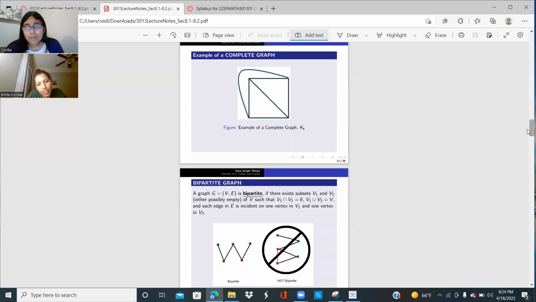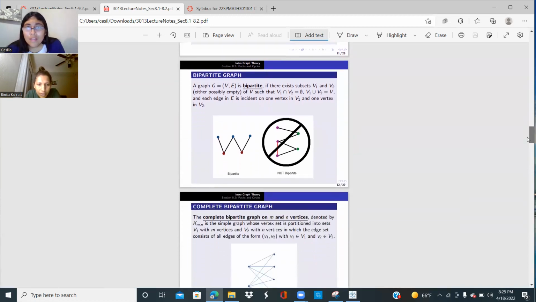Our graph G, with vertices and edges, is bipartite if there exist subsets B sub 1 and B sub 2, either possibly empty, of B such that B1 intersection B2 is empty, B sub 1 union B sub 2 equals B, and each edge in E is incident on one vertex in B sub 1 and one vertex in B sub 2.